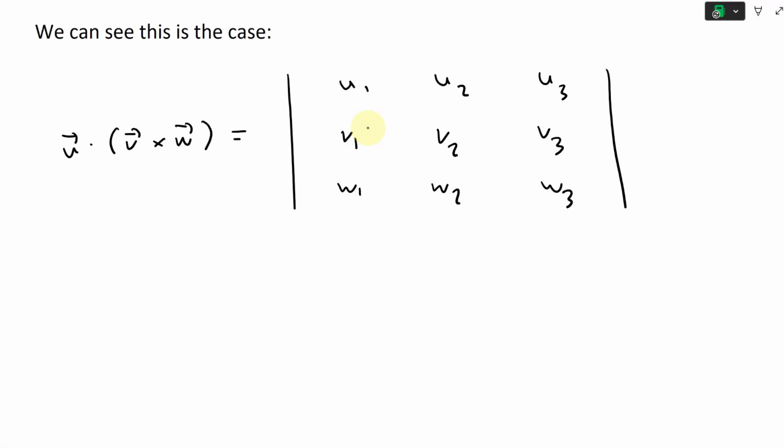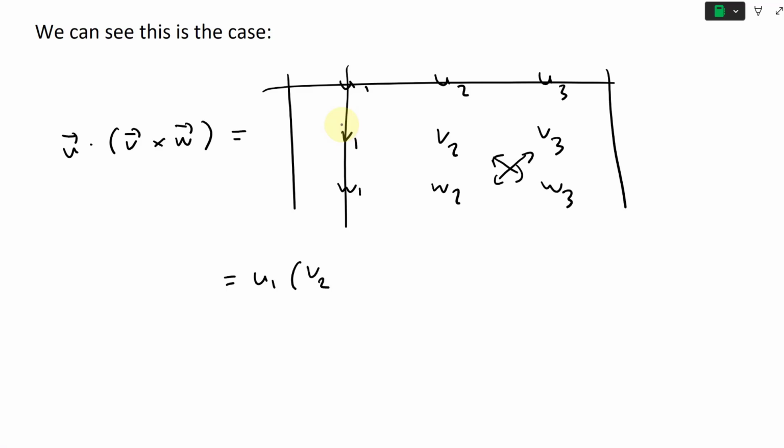And now we just do the exact same thing, except instead of multiplying by the ijk, we'll multiply by u. So we're going to go u1 multiplied by, now we're going to do the exact same thing, cross this out. So this times this, and then minus this times that. So in other words, this is going to be now v2 times w3 minus v3 times w2. And then we just march forward to the next one like this.